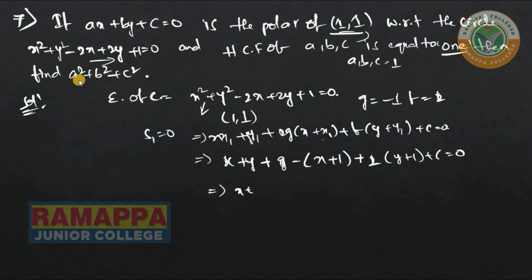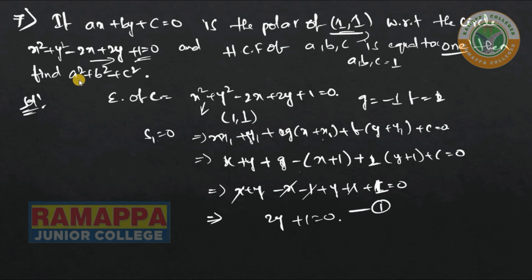So x plus y minus x minus 1 plus y plus 1 plus c is equal to 0. C is equal to how much here? 1 plus 1 only. So c is equal to plus 1 here. So x plus y, x will get cancelled, 2y plus 1 is equal to 0 will get here.